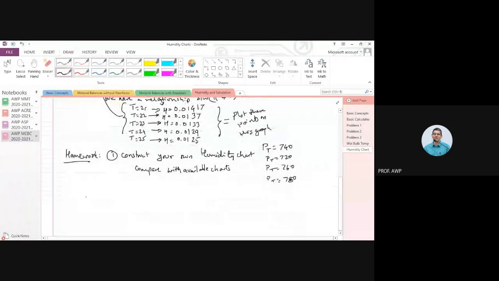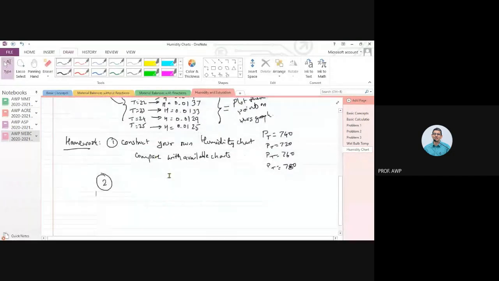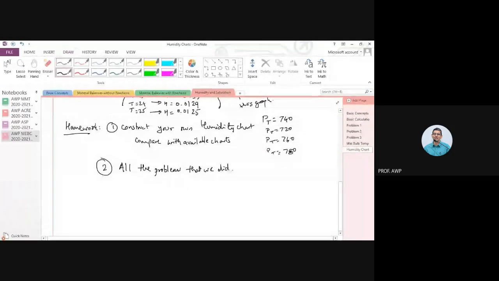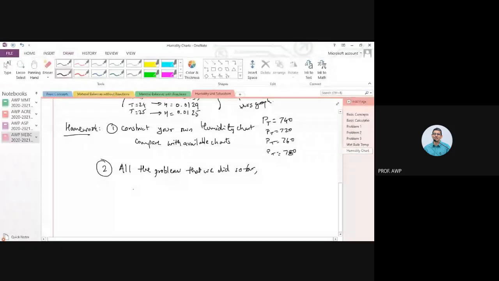Okay. Second, all the problems that we did so far, do with humidity chart.